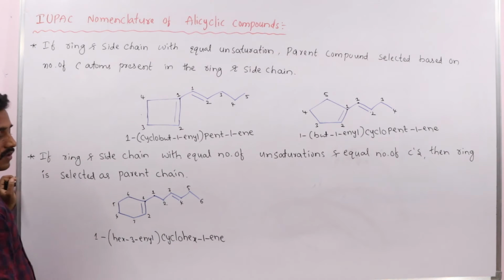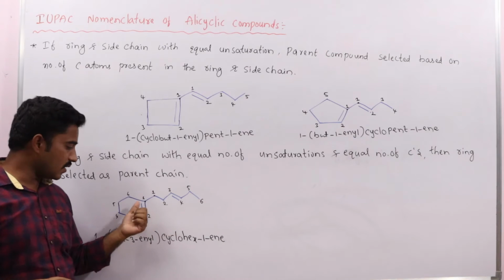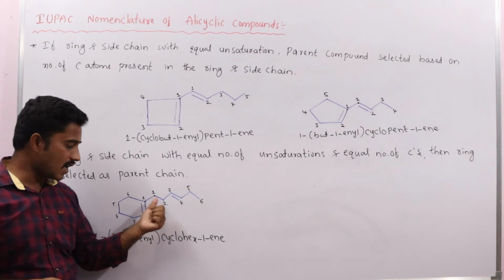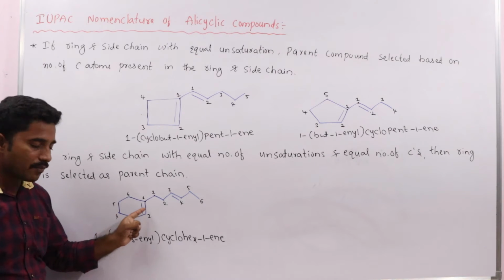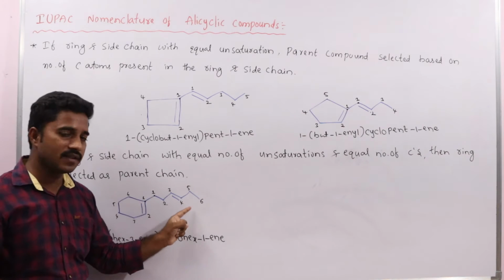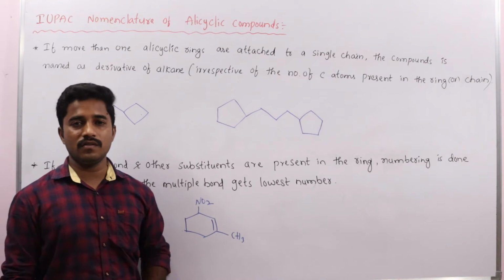This is the name of this compound. If the ring and side chain contain an equal number of unsaturations as well as an equal number of carbons, then the ring is selected as the parent compound and the side chain as a substituent. Clear? Let us see the next rules.